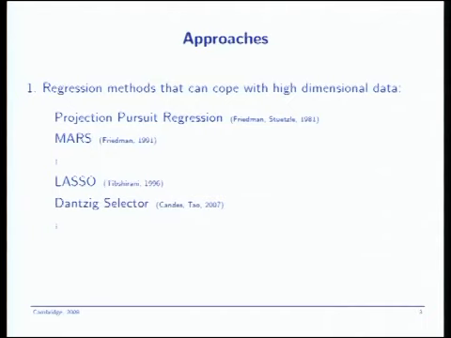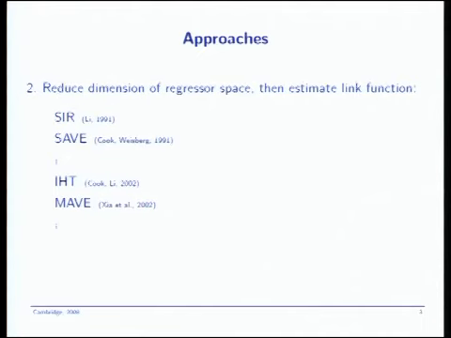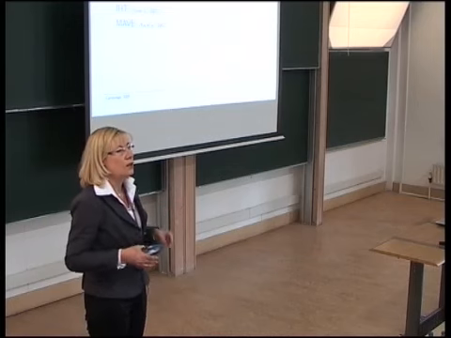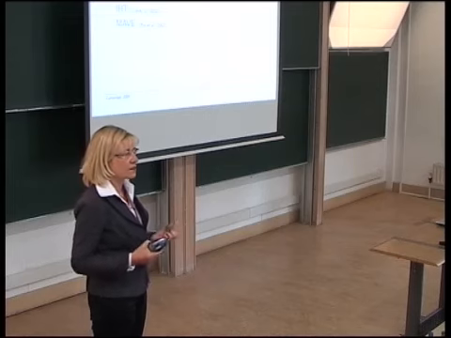This is different from what I mention here, namely in a first step, one can try to reduce the dimension of the regressor variable, of the predictor, and then knowing in which lower dimensional space the link function lives, you estimate it in a second step.